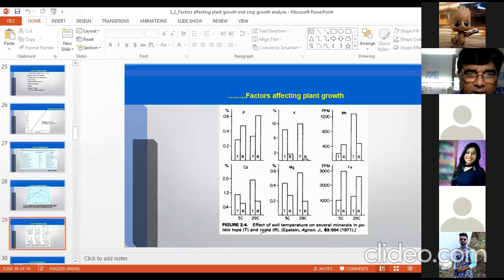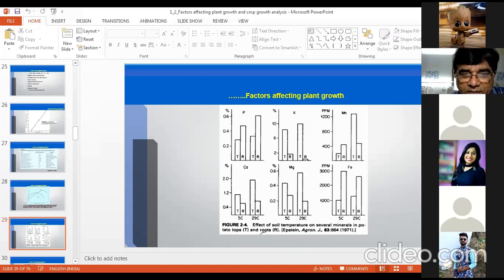Similarly, in the case of root, the content of calcium is more in root at 29 degrees centigrade compared to 5 degrees centigrade. But see the case of magnesium, next case, 5 degrees centigrade, 29 degrees centigrade.